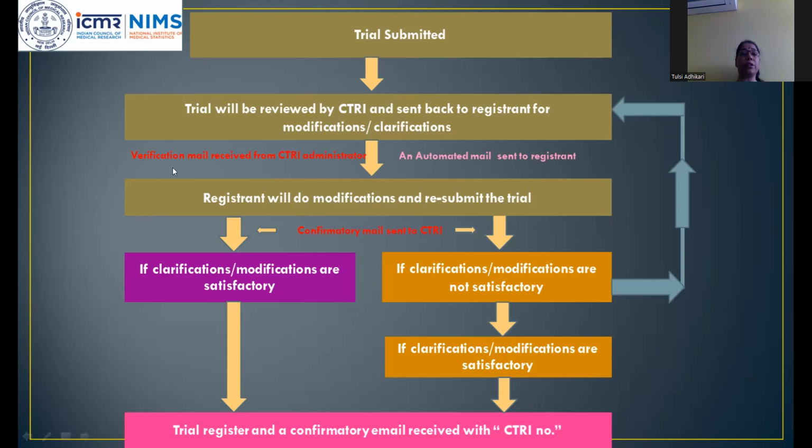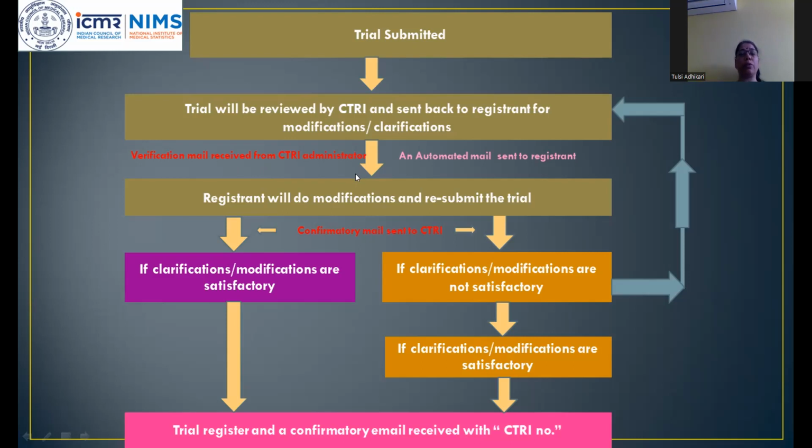All the modifications will be done by the registrant. This verification mail will go to the principal investigator, the contact person for public query, and the contact for scientific query. All those persons will get a verification mail, to verify whether all the details given in the trial are correct or not, and whether the email address mentioned in the registration form is correct.